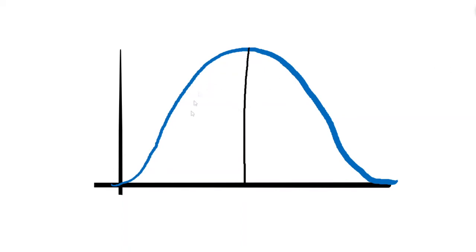So we have 50% below and 50% above, meaning this will be our median. And it would also be our mean, our x-bar. Because it is symmetrical, this would weigh just as much as this, which would make our average be the middle.